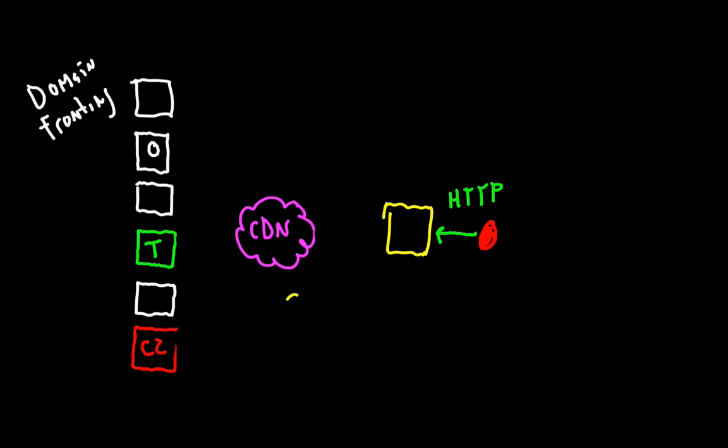It's going to see a GET on HTTP, our highly trustworthy repeatable domain T, and whatever URI. And it's going to see a host header with our C2 server specified.